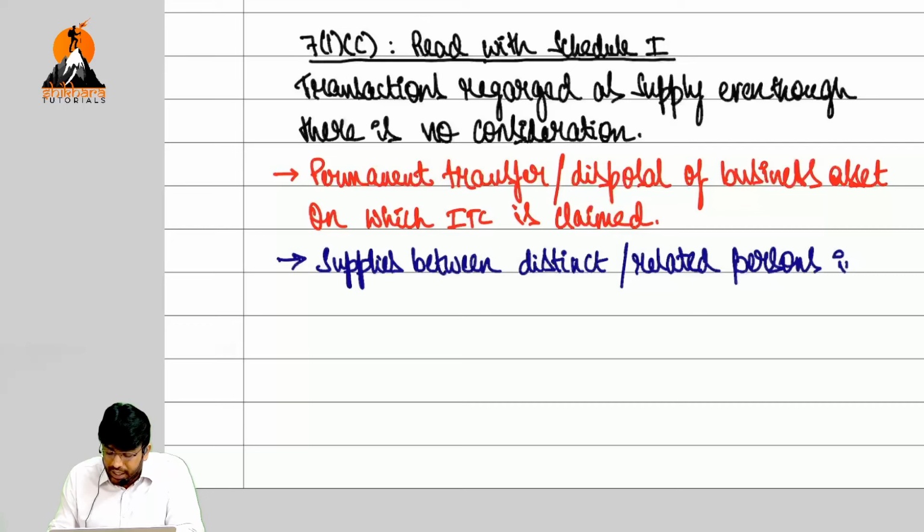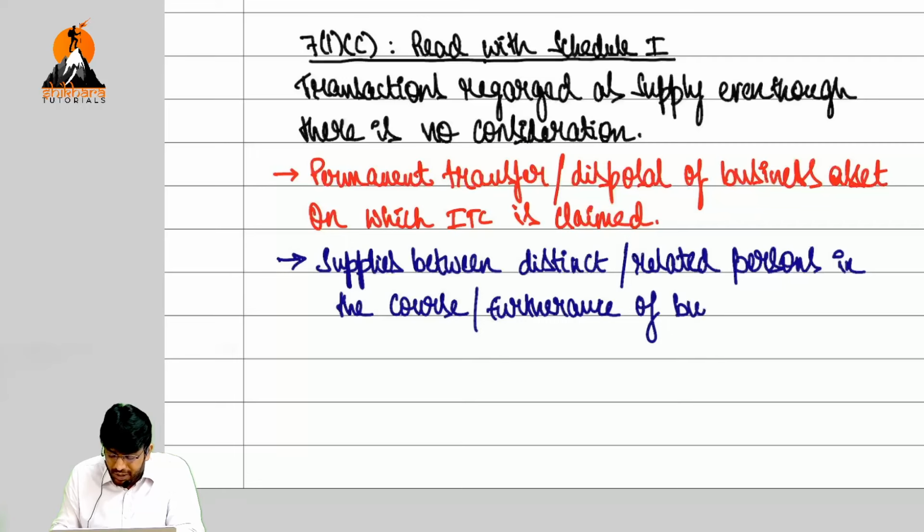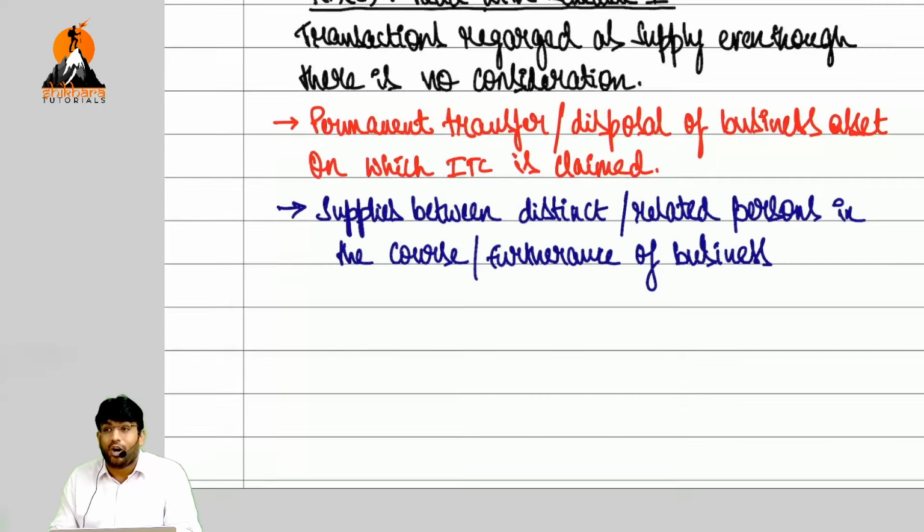Distinct or related persons, in the course or furtherance of business. The moment I write the word course, automatically followed by furtherance of business. No doubt about it. What is that word we wrote, sir? Supplies between distinct or related persons in the course of furtherance of business.